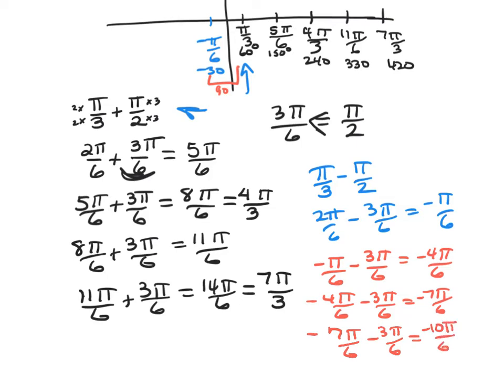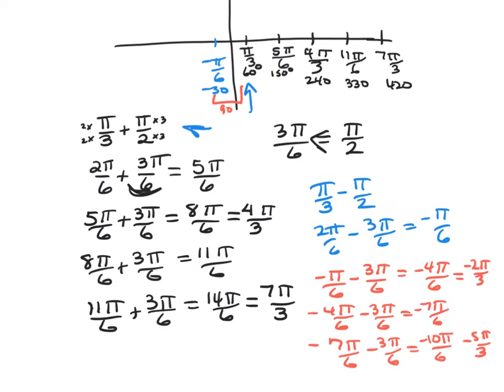Now when I go to label these on my x-axis, I'm going to reduce this one. 4 over 6 simplifies to 2/3. And then this 10 over 6, negative 5 pi over 3. So now I can label it all along my axis. So over here, blue again.